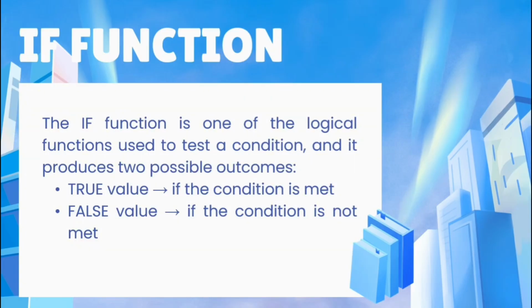And if the condition is false, the if function will show the result we set for false. This function is very useful in data processing because it helps us categorize data, determine status, and make decisions without checking manually one by one.